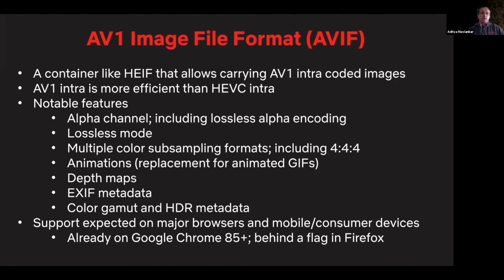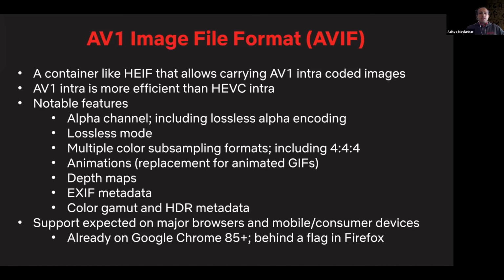But like I said, AVIF has a lot of appealing features, and it could serve as a one-stop shop for all our image needs. For example, it supports an alpha channel that can be even losslessly encoded if you wish. It supports overall lossless encoding. It supports multiple color subsampling formats, including 444. It supports animations, which could serve as a replacement for animated GIFs.